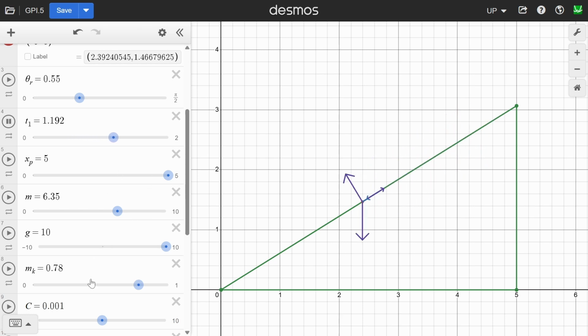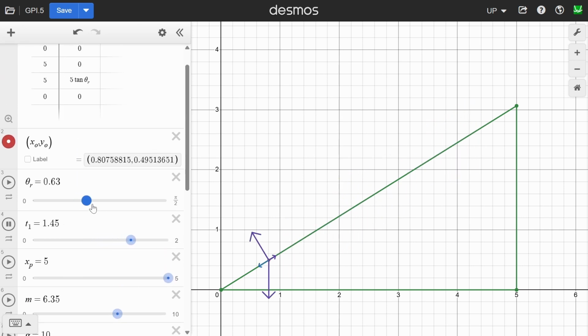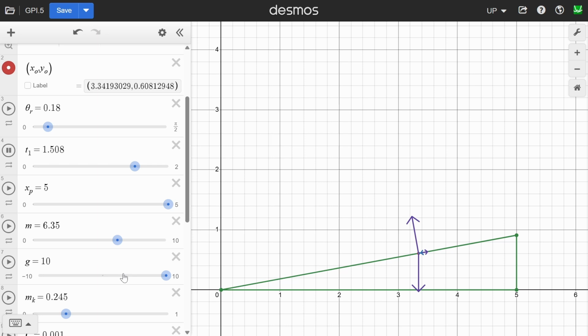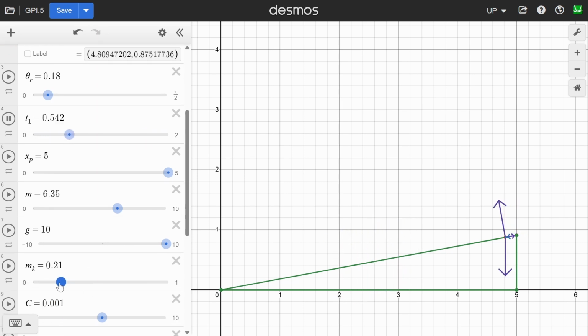So there will be a value at which there will be a balance, and this value must exist. And so you could also control the angle. Let's decrease the friction so that this will make sense.